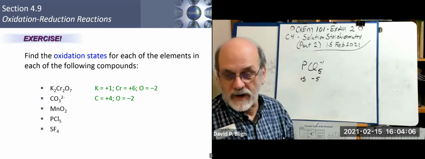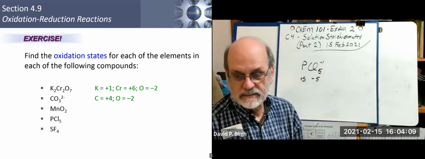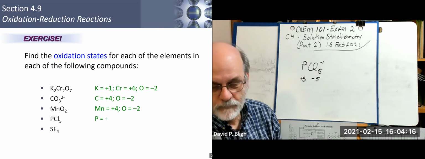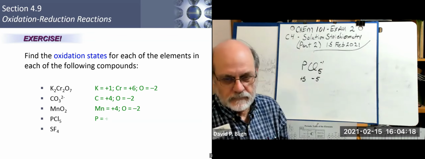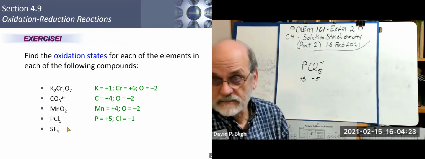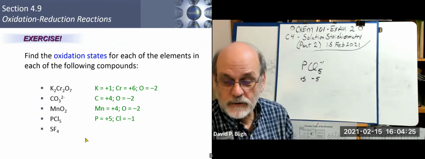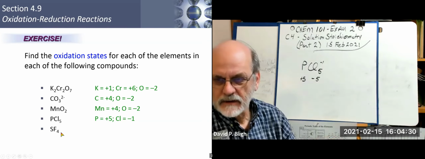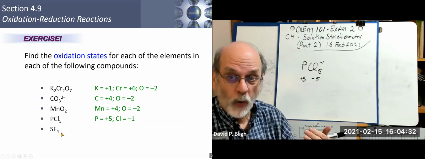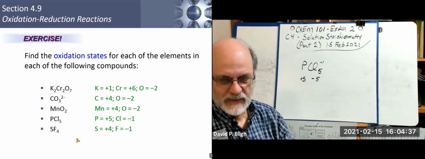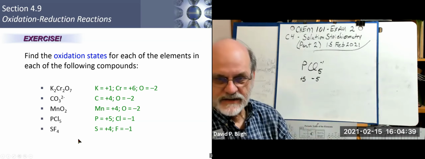If you don't do it that way, then you can't solve the problem. SF4, sulfur tetrafluoride. Fluorine, of course, is always -1. So that means sulfur has to be a +4 to balance the charges. Okay, that's practice doing oxidation states.